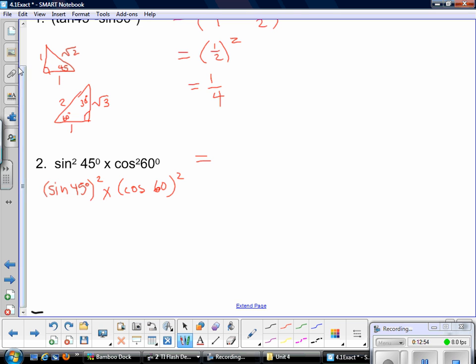I have the two triangles I'm looking at. So for 45, I'm looking at 1 over the square root of 2, and I want to square it. And I'm going to multiply by the cos of 60. Here's 60. The cos of it would be adjacent over hypotenuse, and I want to square that as well. So I end up with 1 over 2 times 1 over 4, which equals 1/8.